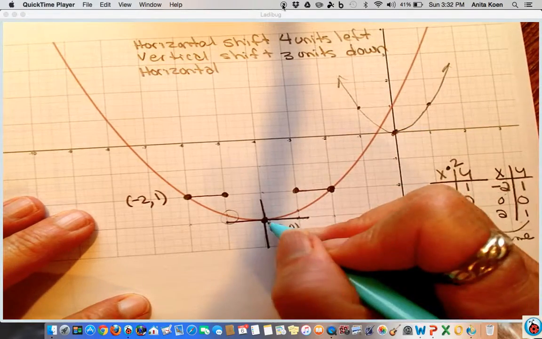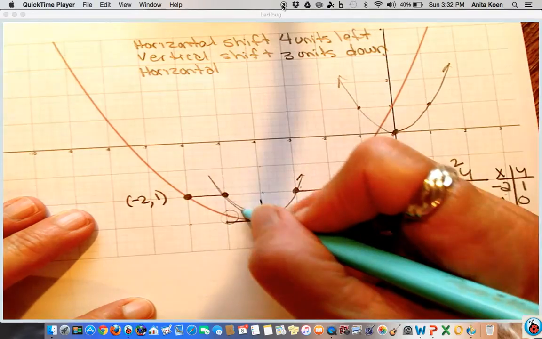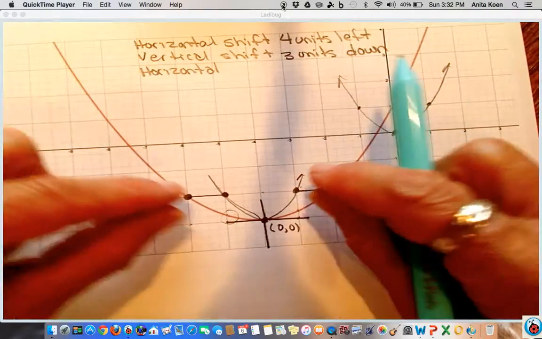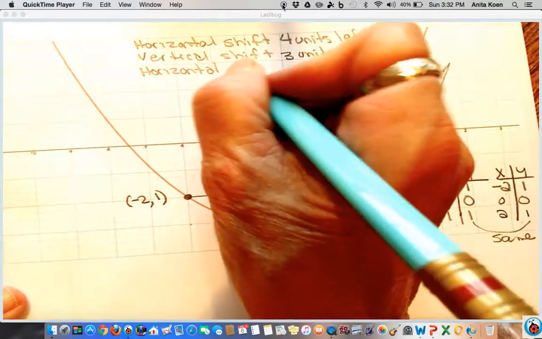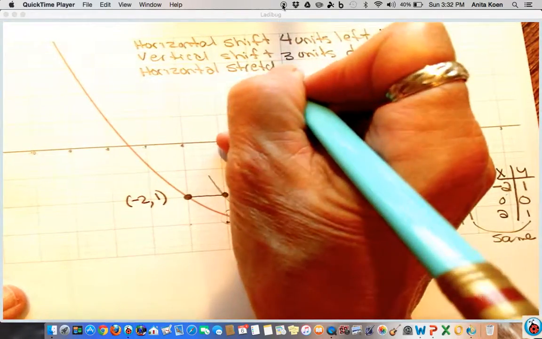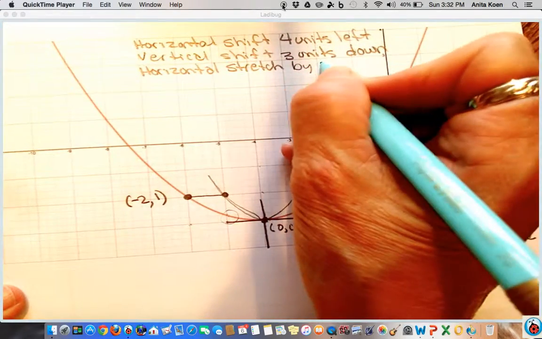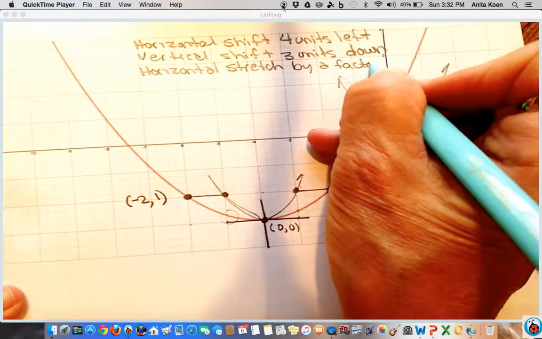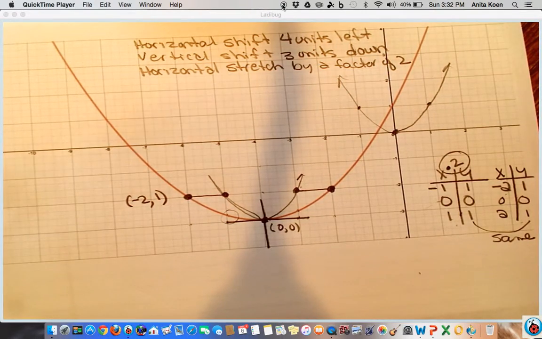If this graph was here, it would look like this. Sorry, that's not a beautiful picture. But you can tell that I've grabbed it right here and stretched it out. So that's a horizontal stretch by a factor of 2. Okay, so all I'm doing here is stating the transformation.